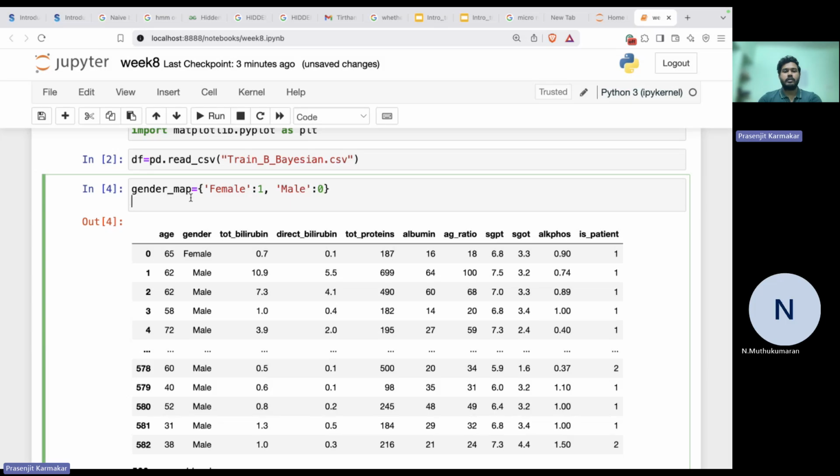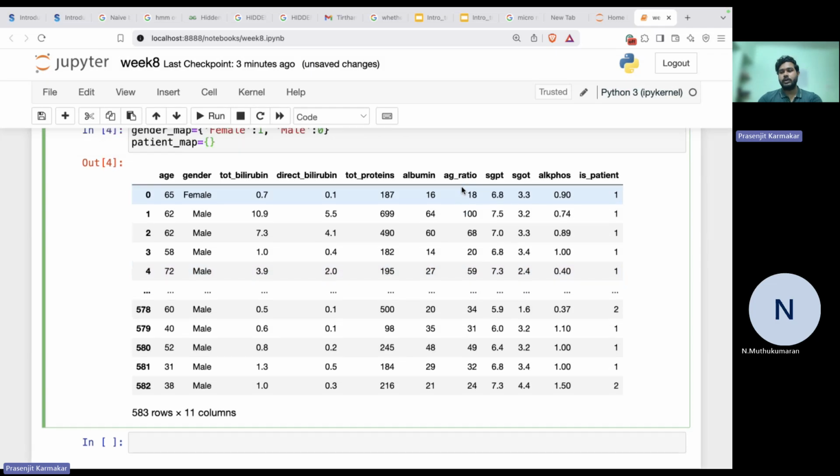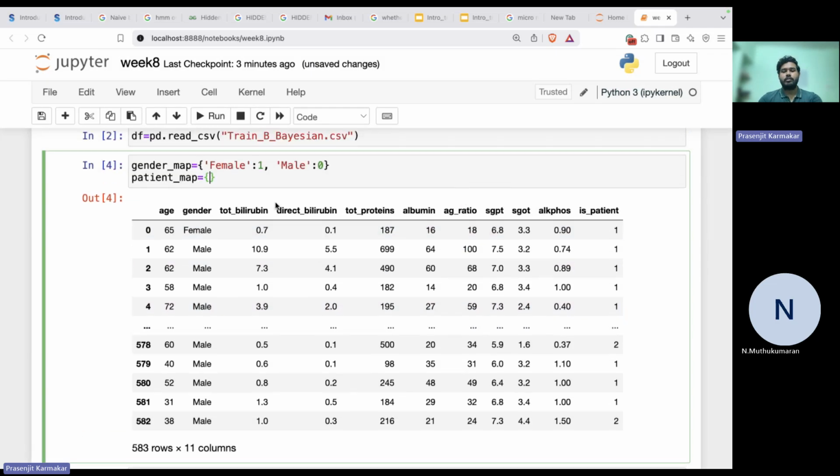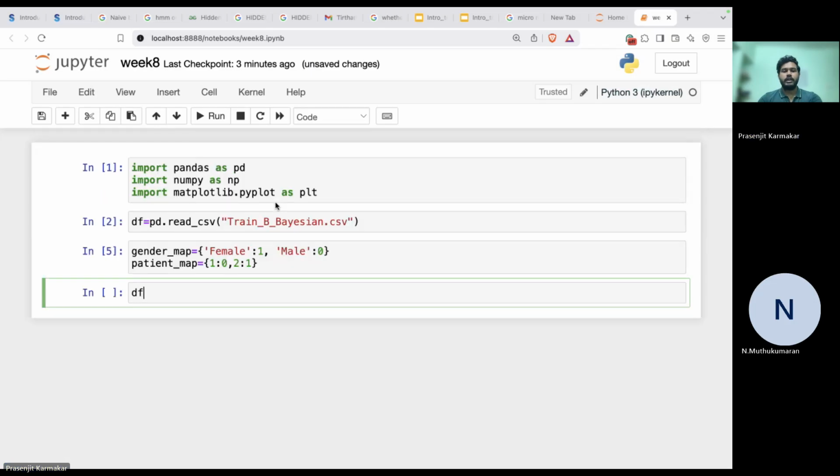And also is patient, the patient map. It's currently 1 and 2. So let's make 1 to be cast as 0 and 2 to be cast as 1. So df gender, gender map.